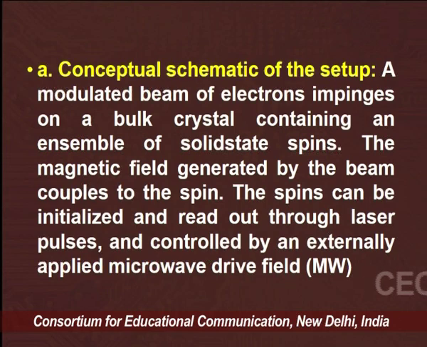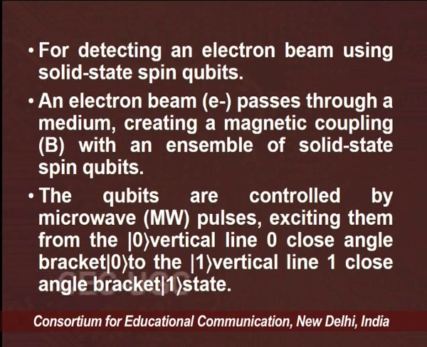In an ensemble we have the solid state spin, and for detecting an electron beam using solid state spin qubits, an electron beam passes through a medium, that is a crystal, creating a magnetic coupling, that is the B, to the solid state spin qubit.